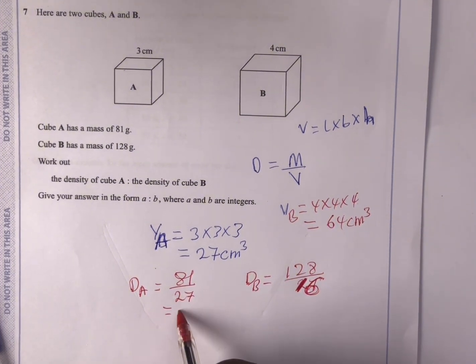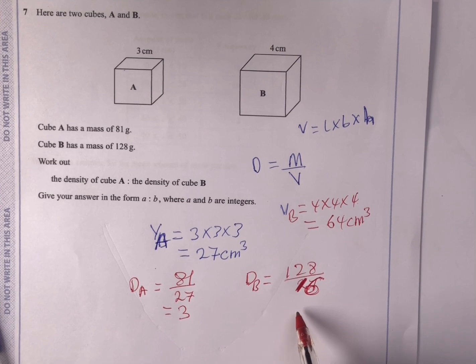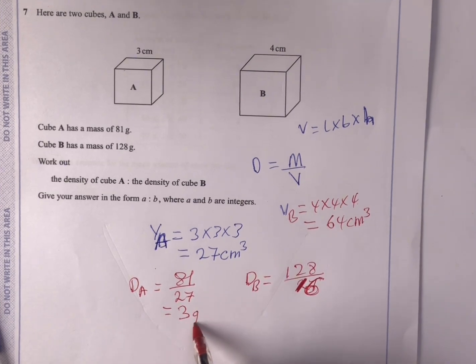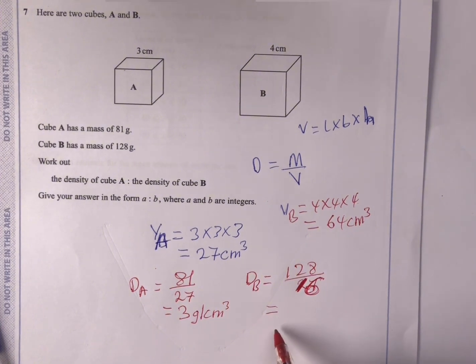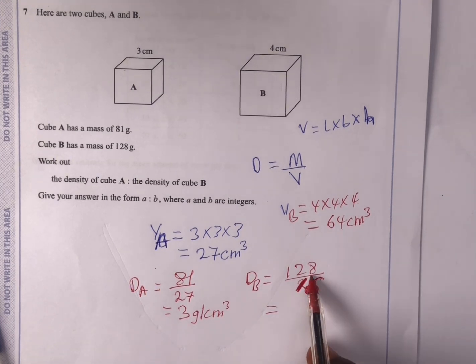This will give us 3 grams per centimeter cube. And 128 divided by 16 is simply 8.